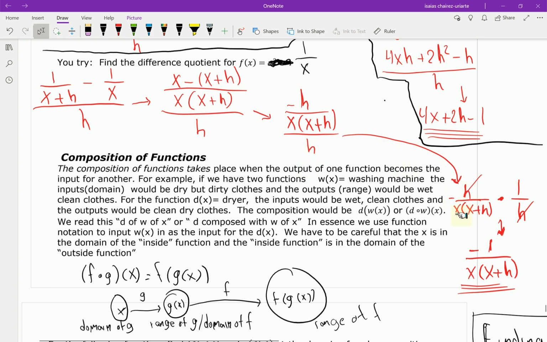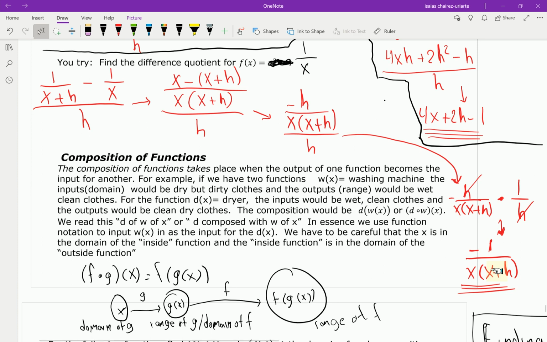So it's the top fraction times the reciprocal of my denominator, 1 over h. And then what ends up happening is that the h up here in this numerator and this h in this denominator cancel, and I think I am at the simplified form of the difference quotient here. The simplified form is just negative 1 divided by x times x plus h.